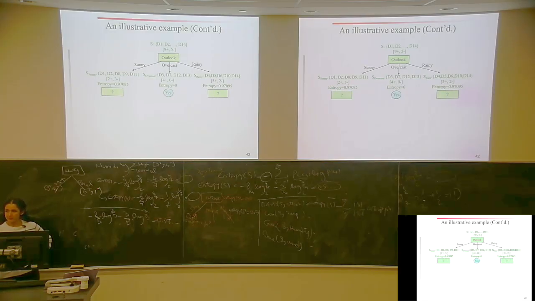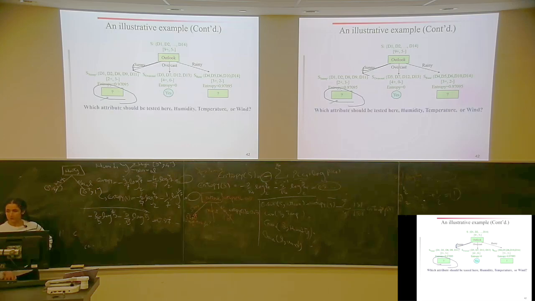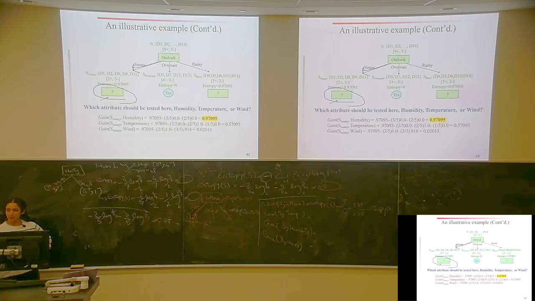But now, let's say we want to see what is the next best attribute after outlook sunny. So for this specific branch, what would be the best? Is it temperature? Is it humidity or what? So how do we do it? You have to calculate gain of S. But what is your S now? Your S is this one now, right? Because now you want to go one level later.